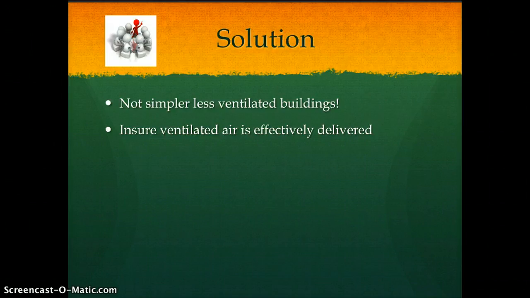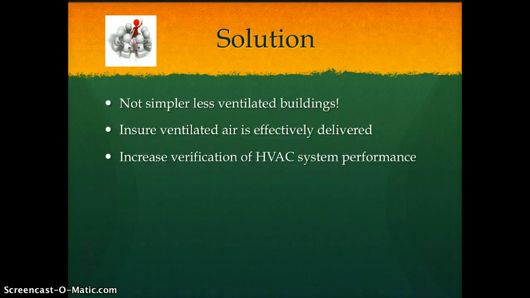The solution is to address these risk factors in specific ways. Ensure the correct distribution of airflows within buildings to avoid pressure imbalances. This can usually be accurately predicted during design. Increase the verification of heating, ventilation, air conditioning system performance by adding additional elements to the building startup and commissioning programs.